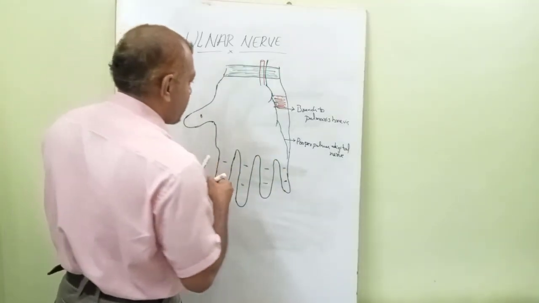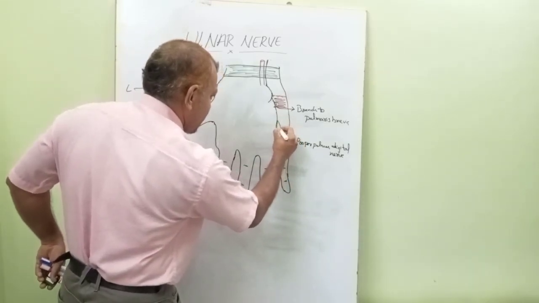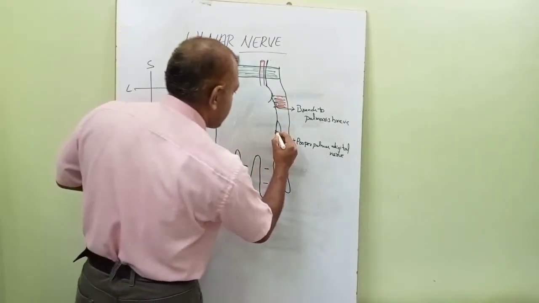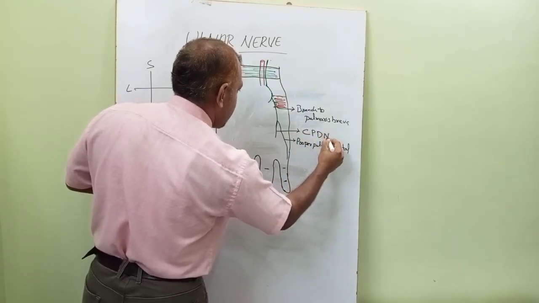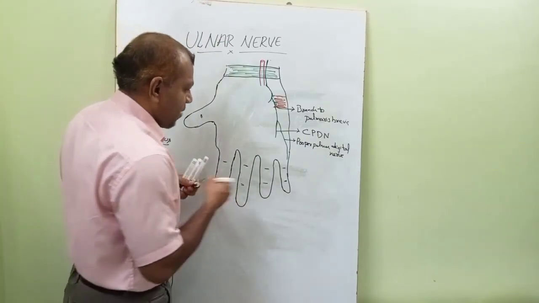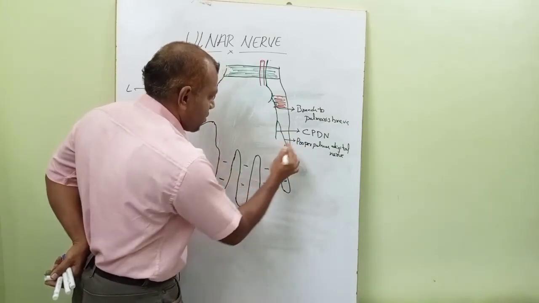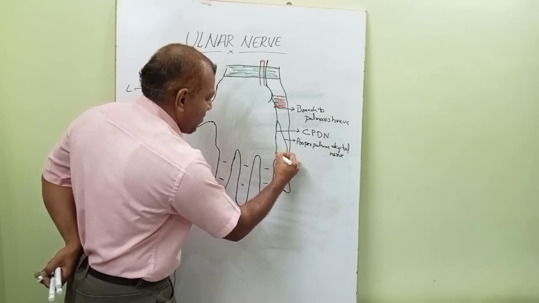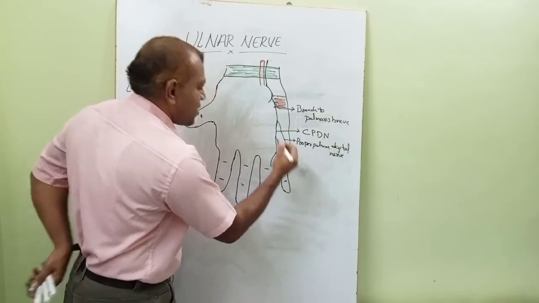Then the ulnar nerve gives another branch called the common palmar digital nerve, CPDN. Try to write down. This common palmar digital nerve runs towards the fourth cleft, and then it divides into two proper palmar digital nerves.